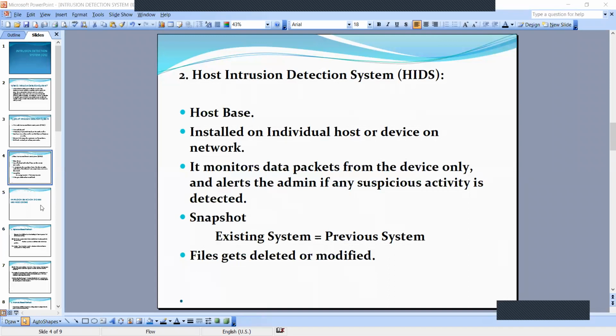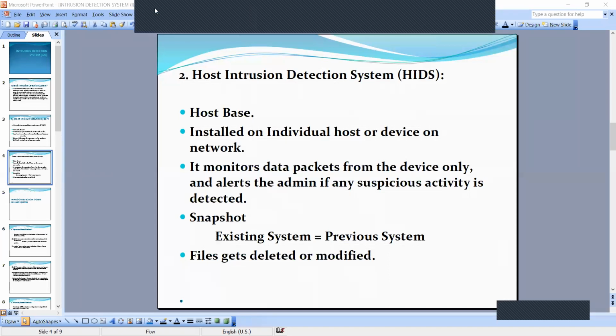The method that HIDS use is the snapshot. Snapshot means comparing your previous system with your existing system. For example, HIDS will have a screenshot of our previous system and our existing system, and then it will compare them.